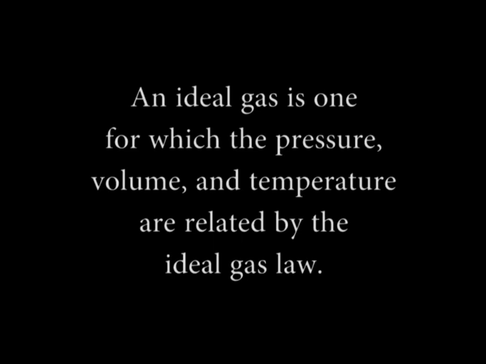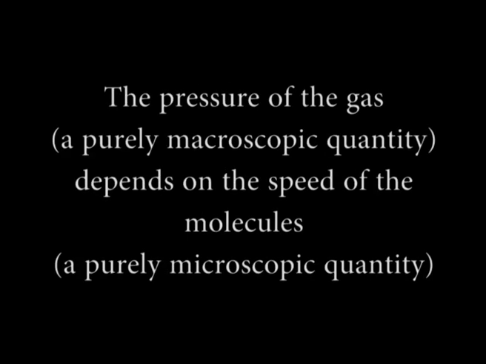An ideal gas is one for which the pressure, volume, and temperature are related by the ideal gas law. The pressure of the gas, a purely macroscopic quantity, depends on the speed of the molecules, a purely microscopic quantity.